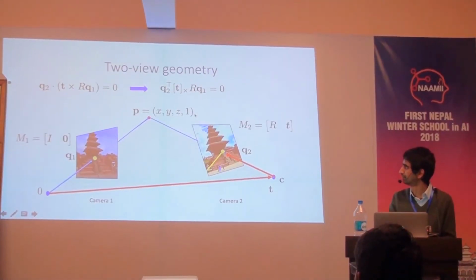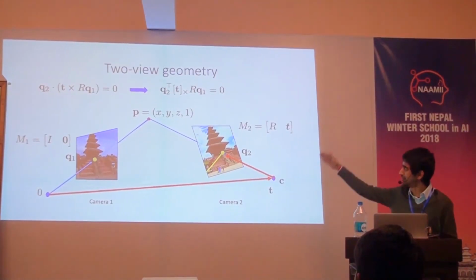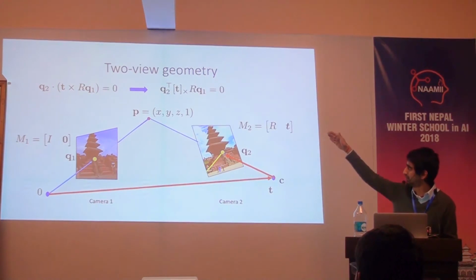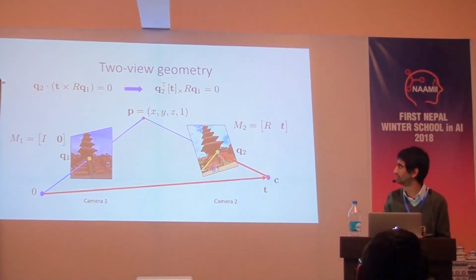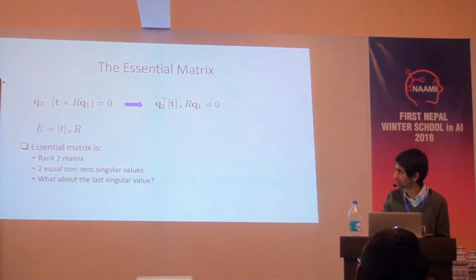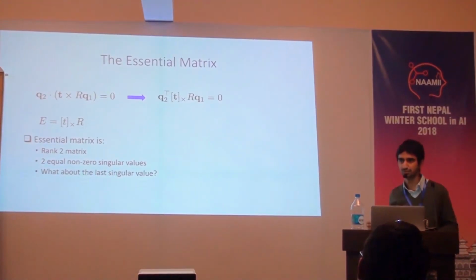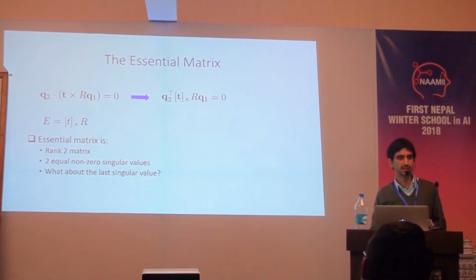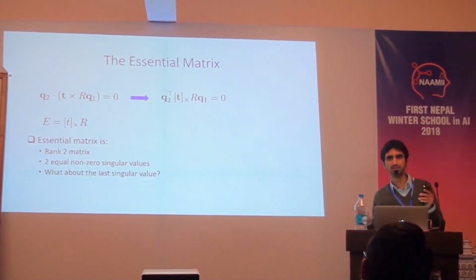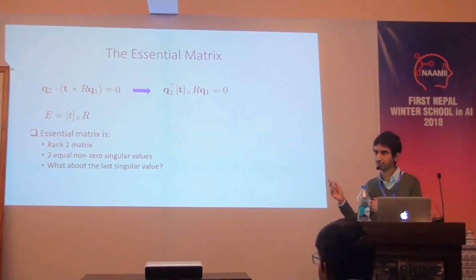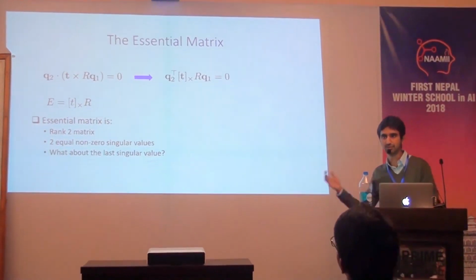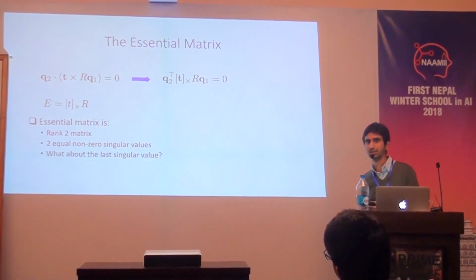If we had a different corresponding point, it would still be the same relation. That's a very powerful relation we can use to relate any two corresponding points between the images of the same object. And this is what we will use later to reconstruct 3D using this epipolar geometry.